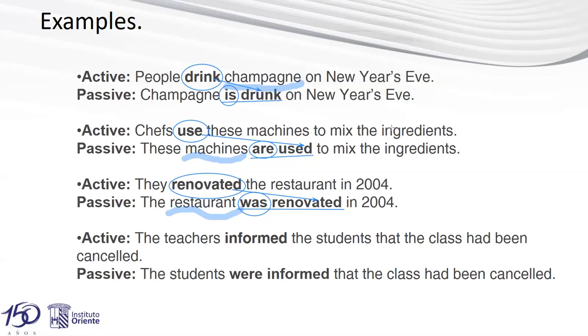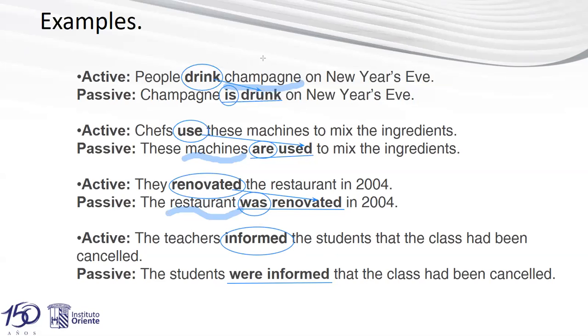Is, are, present. Then, the next one: The teacher informed the students that the class had been canceled. Okay, pay attention, please. The verb is inform. Present or past? Yes, it is past. So, was or were. Pay attention. Why were?